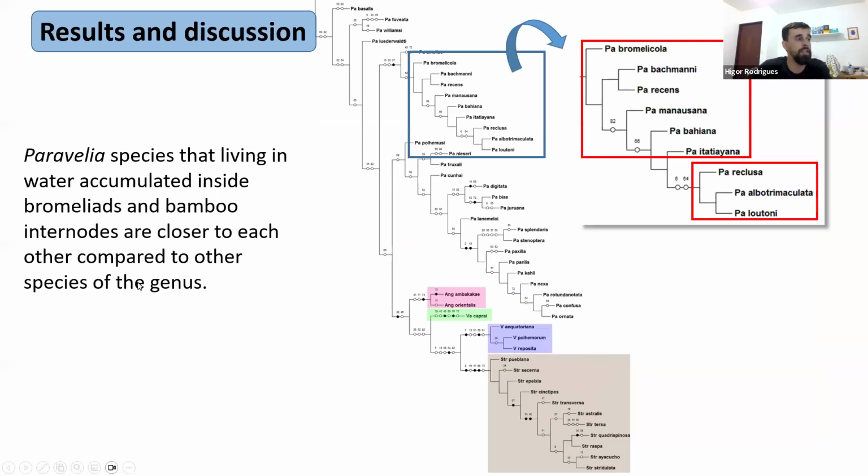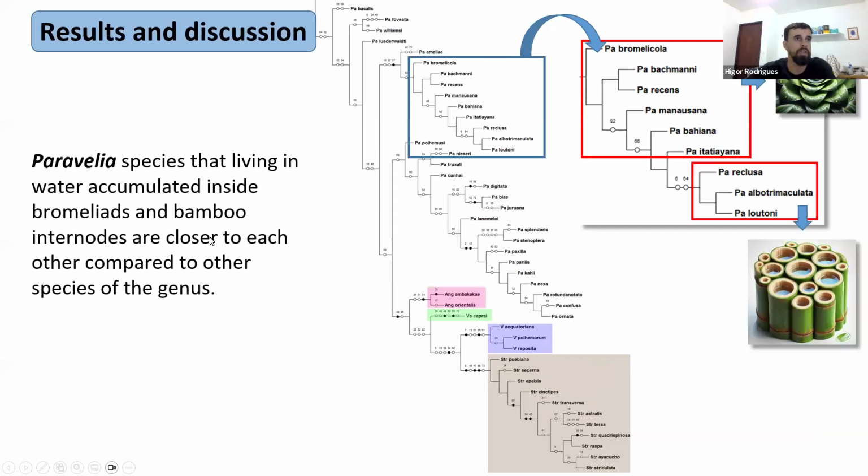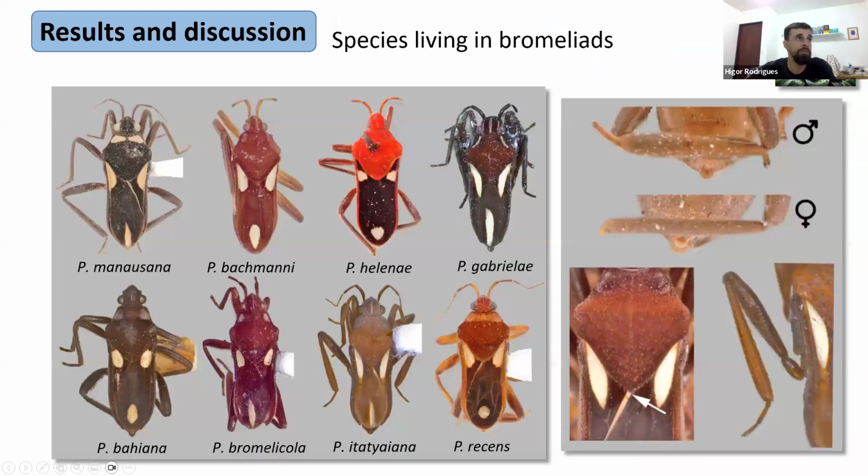Okay, Paravelia species that live in water accumulating inside bromeliads and bamboo nodes are close to each other compared to other species of the genus. So for example, here species from bromeliads and species from bamboo internodes. Specifically about the species living in bromeliads, these species have sexual dimorphism in the hind leg.